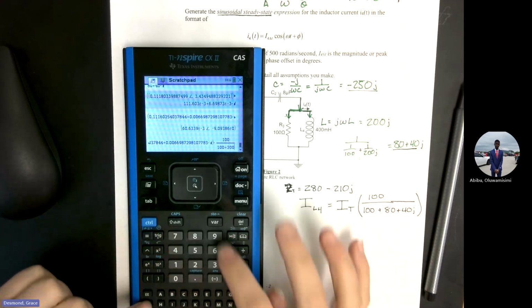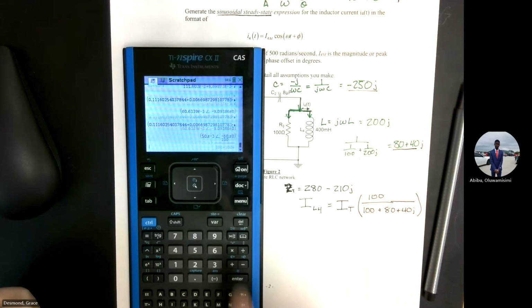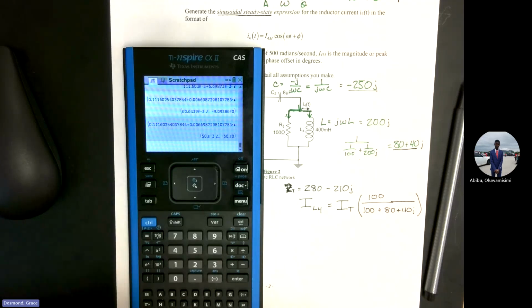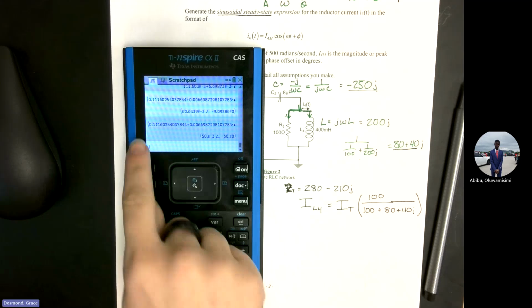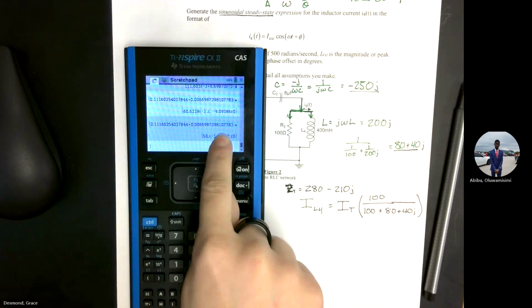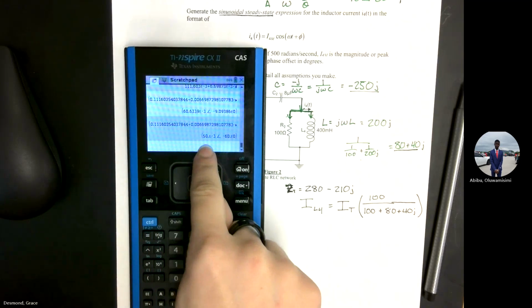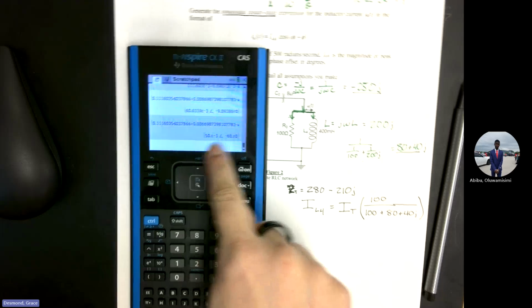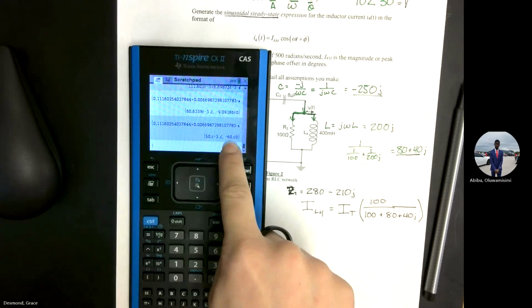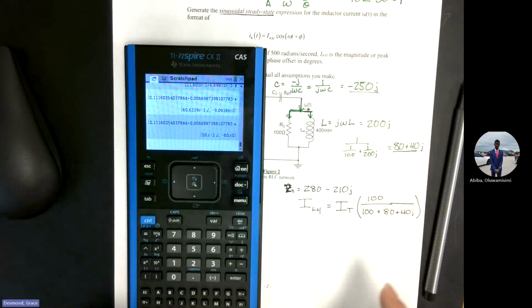Plus 200J, good catch. So now, oh, that's such a nice number. That's crazy how that works out. This awful number comes out with 0.050 phase angle of 60. That is crazy.